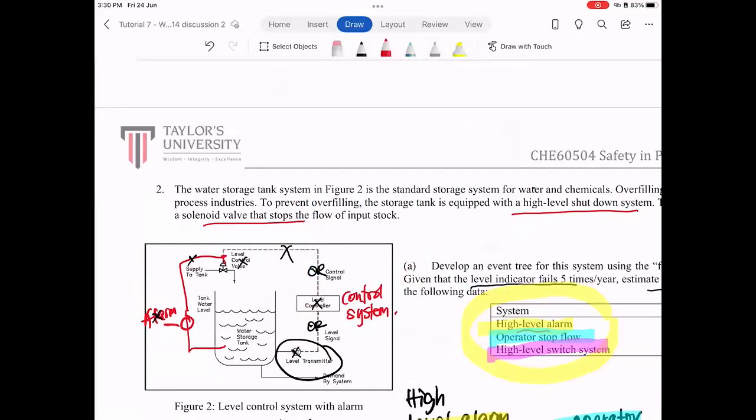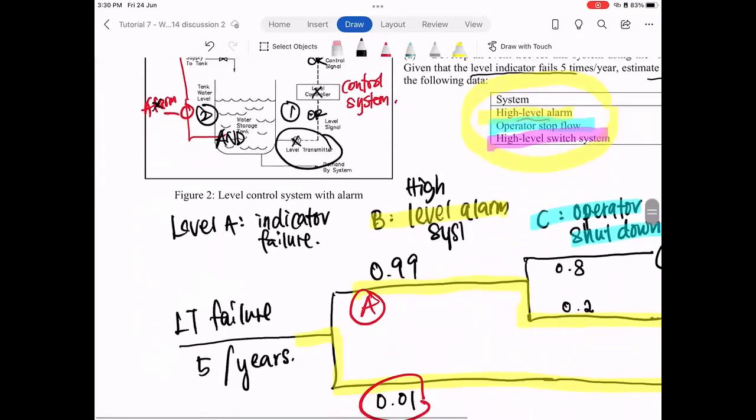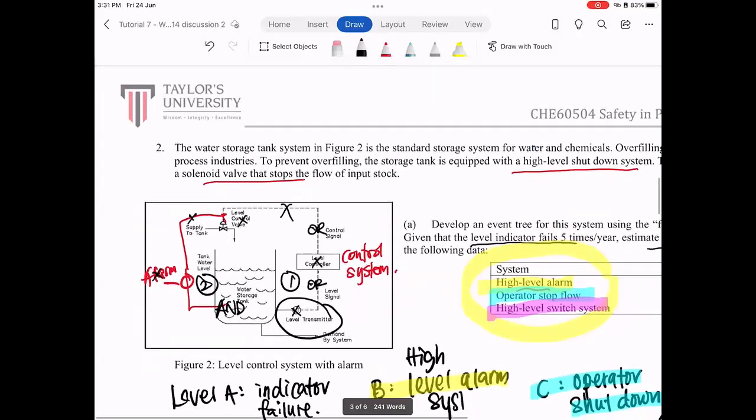So this becomes an AND gate. Let's say this is system 1 and this is system 2. System 1 is our normal control system. When system 1 fails, system 2 is in place and helps us prevent the overflow. But if system 1 and system 2 fail at the same time, then it would definitely be an overflow.